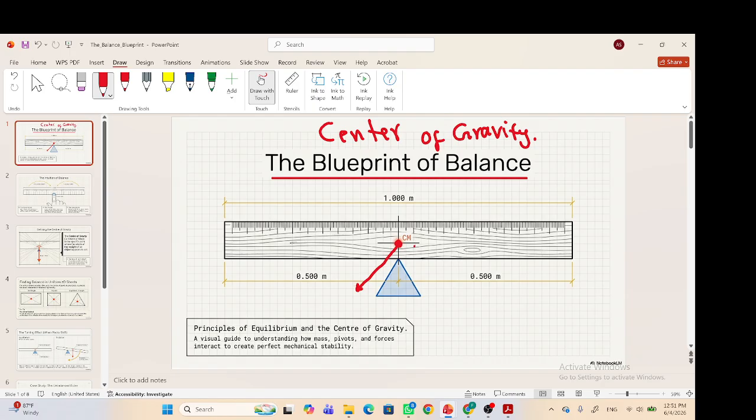Center of gravity means that if we find the exact point, we think that all the weight of the object is collected in this point.